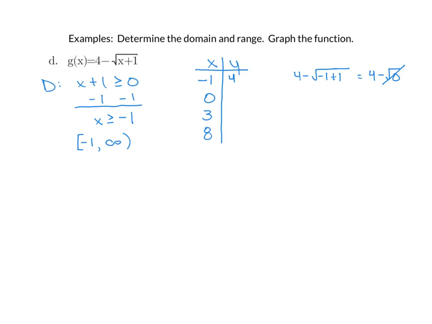Alright, if we plug in 0, I get 4 minus the square root of 0 plus 1. 0 plus 1 is 1, and the square root of 1 is 1, so we get 4 minus 1 is 3.